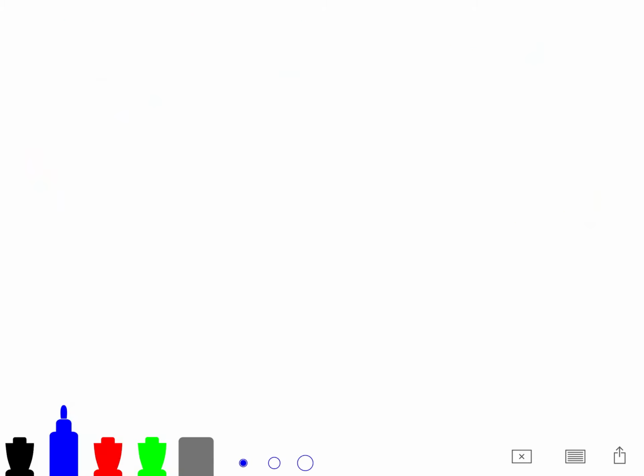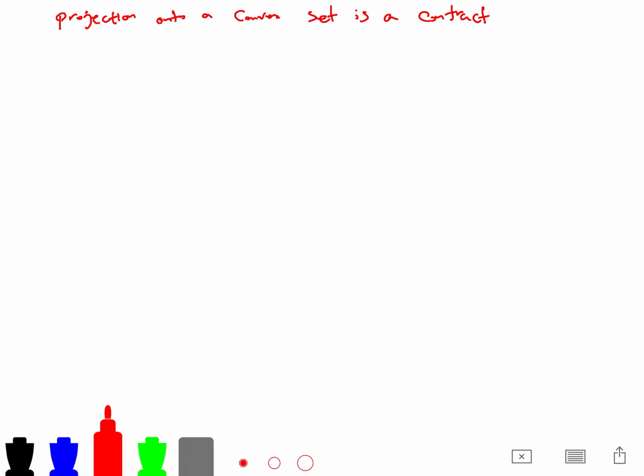And the next thing I want to talk about is that projection onto a convex set is a contraction. It's so important, I want to write it. Projection onto a convex set is a contraction. So this operator tries to reduce the distance.